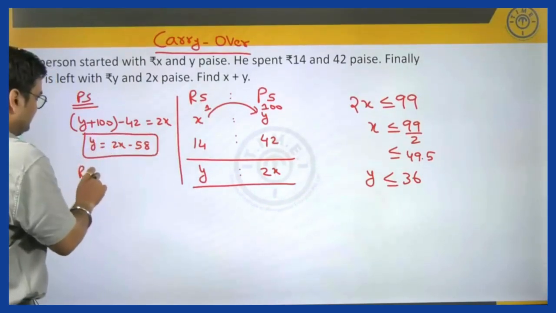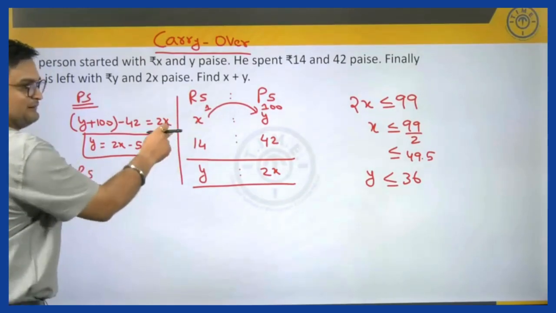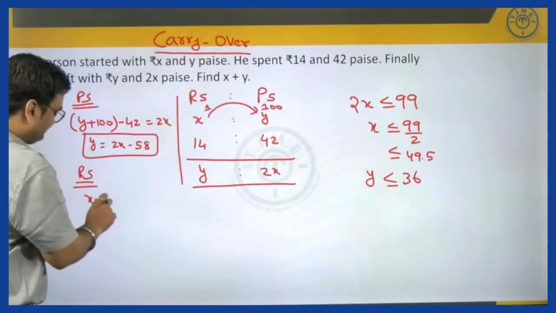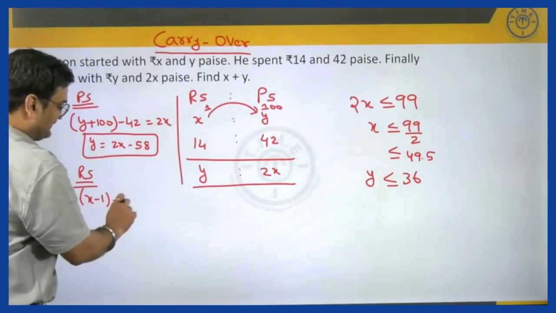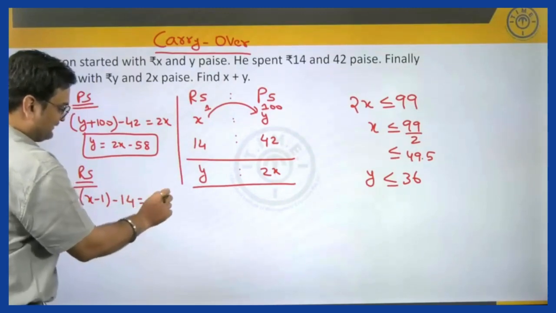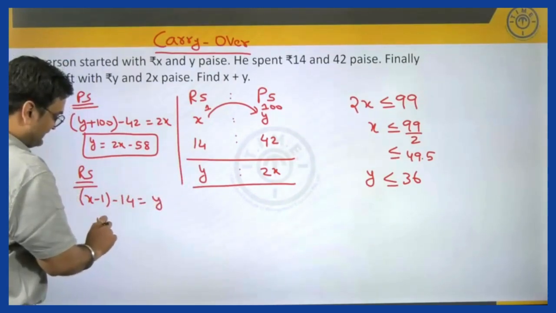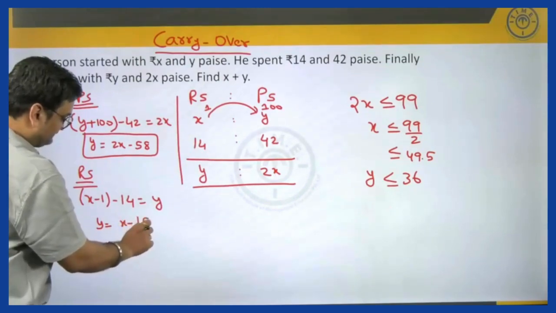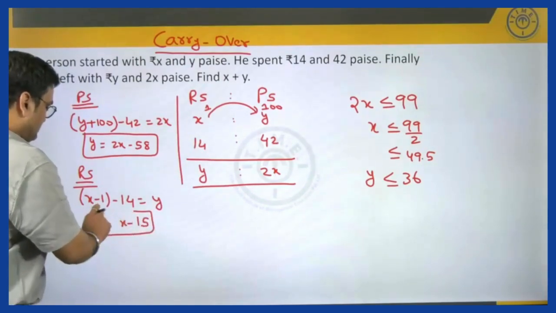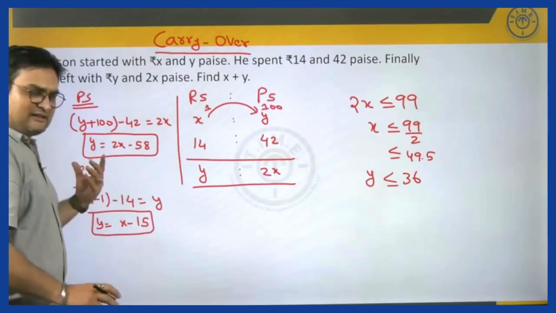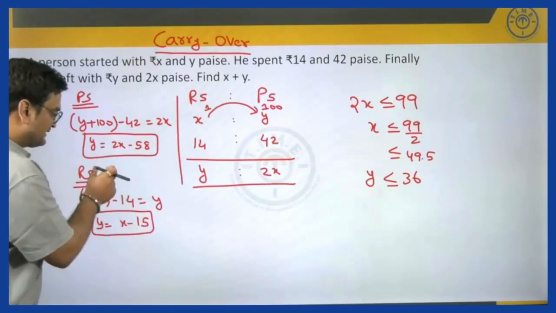Let's write down the equation for rupee. I am now left with x minus 1 rupee, out of which I am subtracting 14 rupees. I should be left with Y. So here I'll get Y as x minus 15. So I have two equations in two unknowns. Let's try to eliminate Y by replacing x minus 15 here.